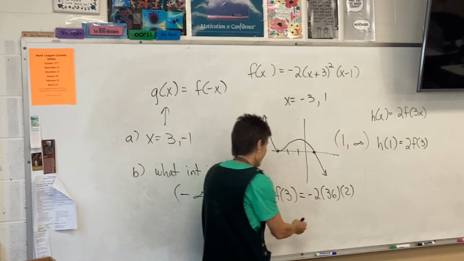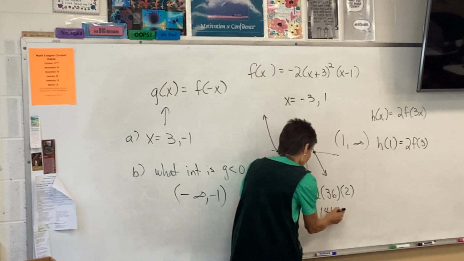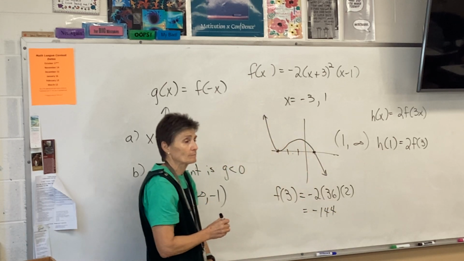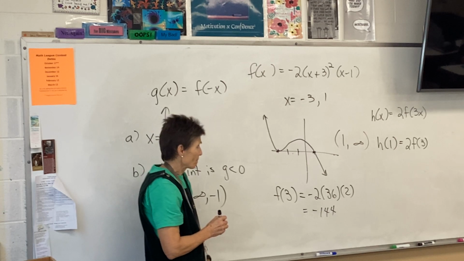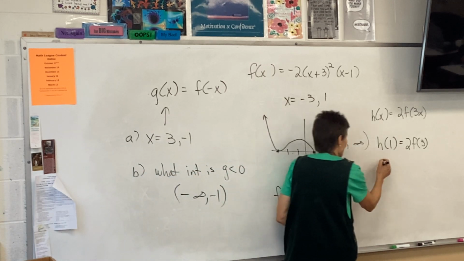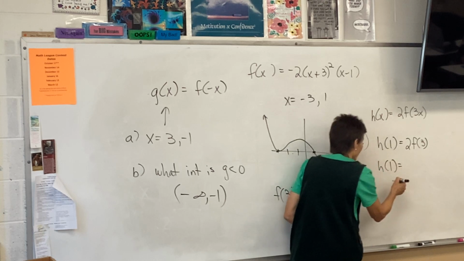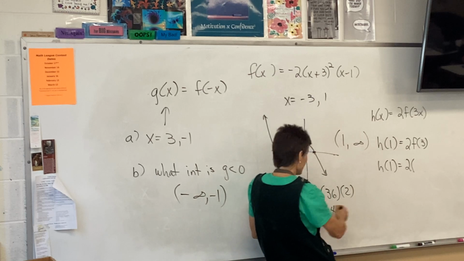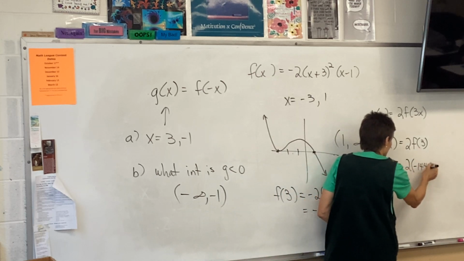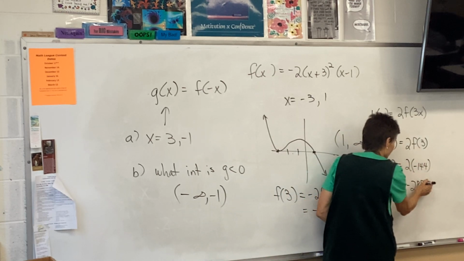What is that? -144? Is my math right? So what is h of 1 then? H of 1 is 2 times f of 3, so it'll be negative 288.